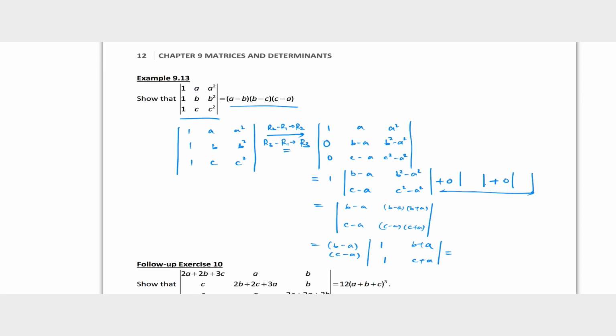Now I can find the determinant by expanding it directly: c plus a minus b minus a. So the final answer is b minus a times c minus a times c plus a minus b minus a.